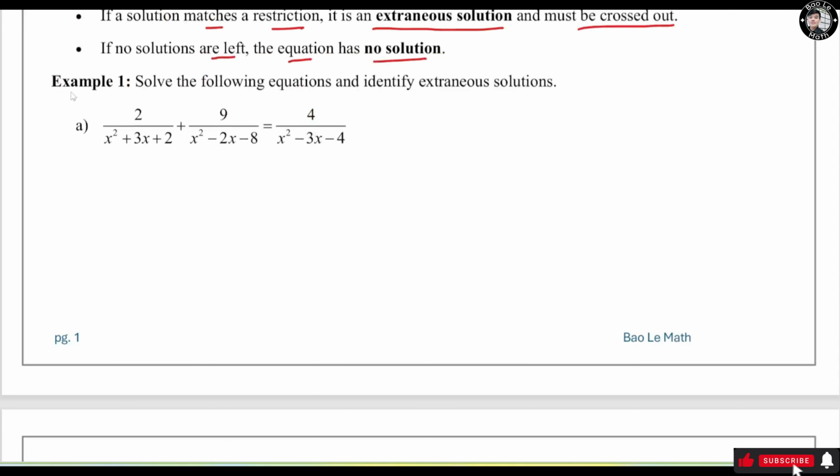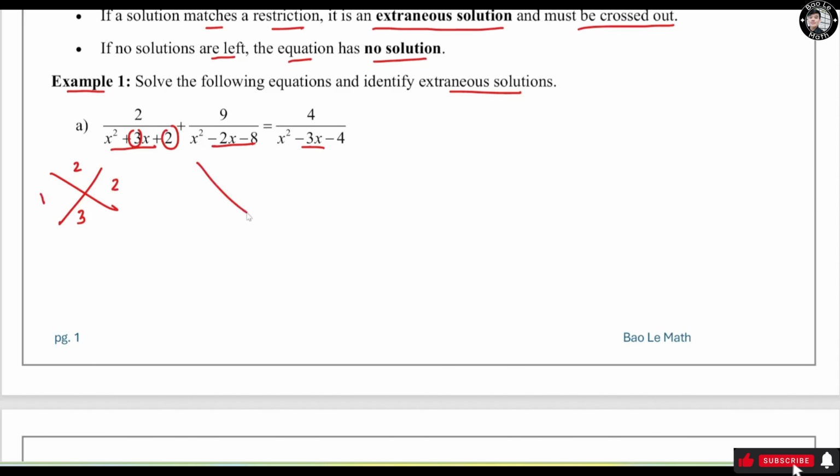Now, example number 1. We're going to solve the following equation and identify extraneous solutions. Alright, step number 1, we need to factor the denominators, right? For the first one, I need to find two numbers that multiply to 2 and add up to 3, which is 1 and 2.